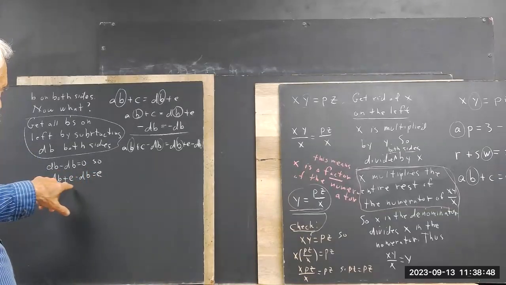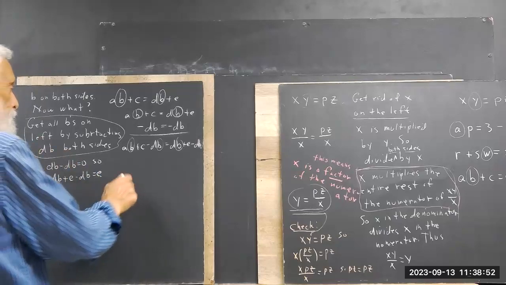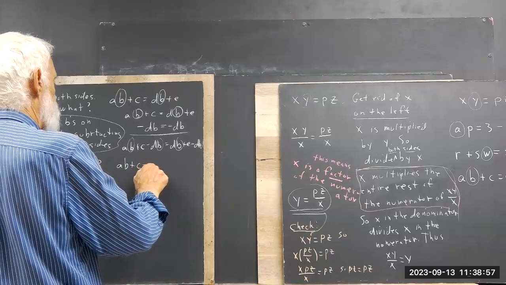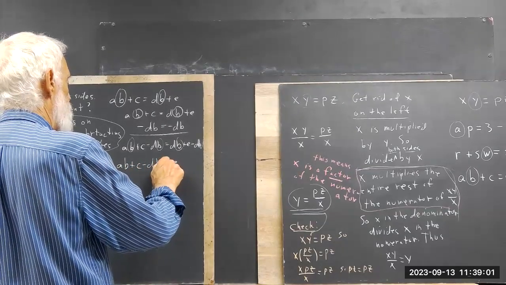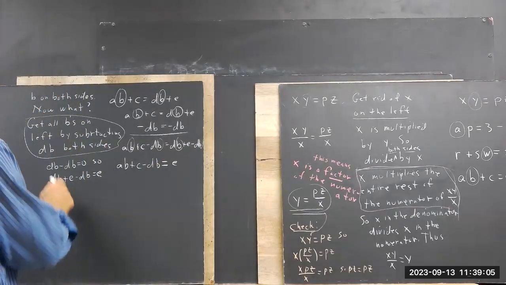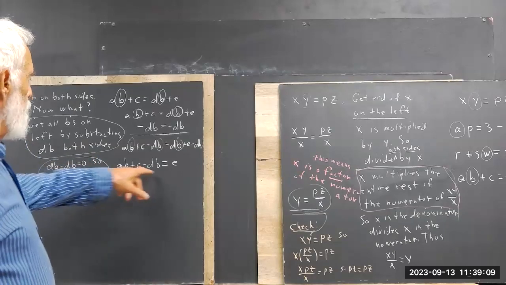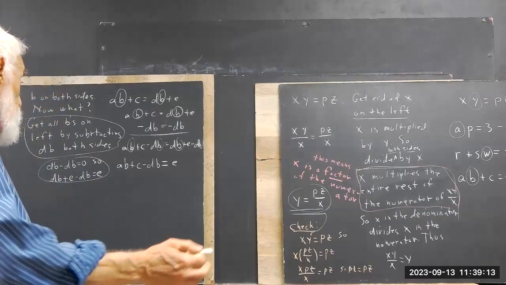dB minus dB equals 0. So dB plus E minus dB equals E. Now we have AB plus C minus dB equals E. What are we going to do with that? We still got two terms with dB in them. Well, let's not worry about that.